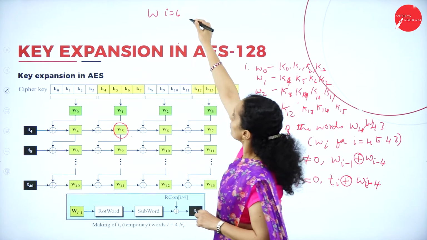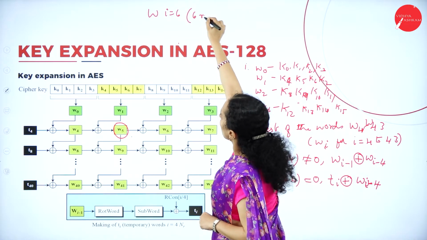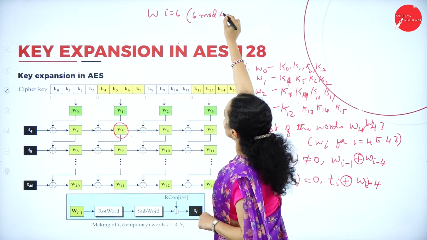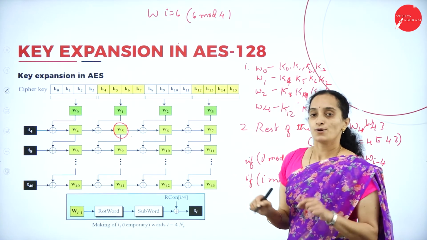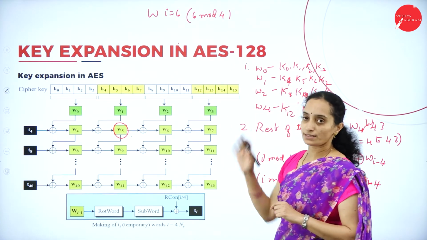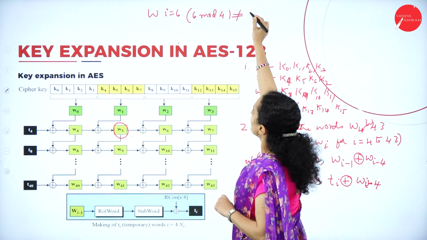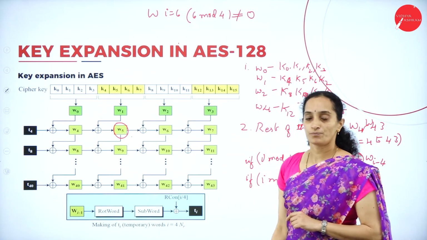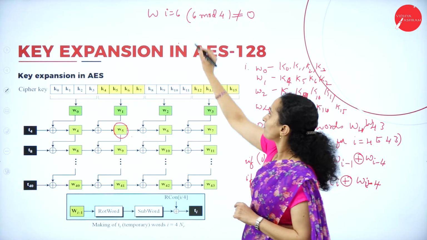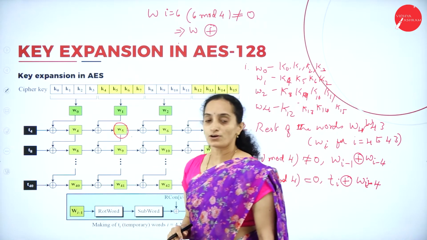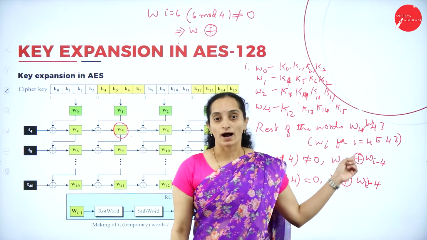Now what do we have to do? 6 mod 4 must be computed. Since we have 4 words, the modulo operation must be done with the integer value 4. 6 mod 4 will not give 0. That means what you have to consider is W[i minus 1].